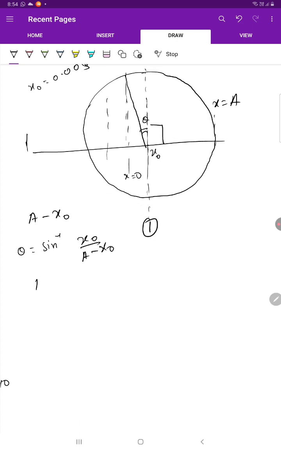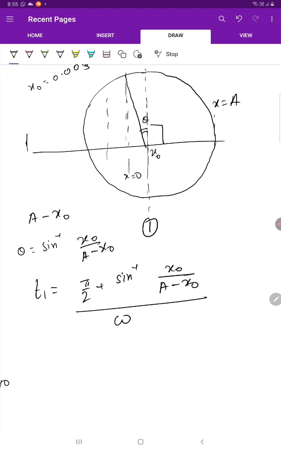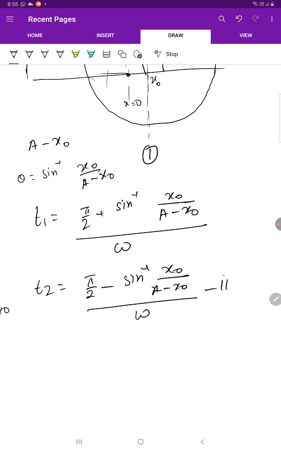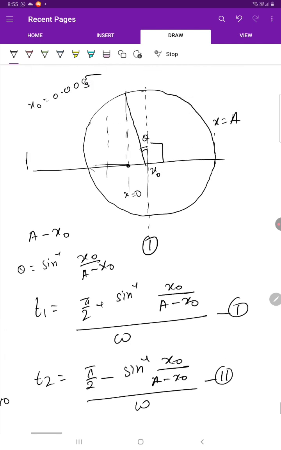So T1 will basically be pi by 2 plus sine inverse of x naught by a minus x naught, divided by omega. So this is T1. Then what will be T2? T2 is basically from here to here. T2 will be pi by 2 minus sine inverse of x naught by a minus x naught, divided by omega. So this is second and this is first.